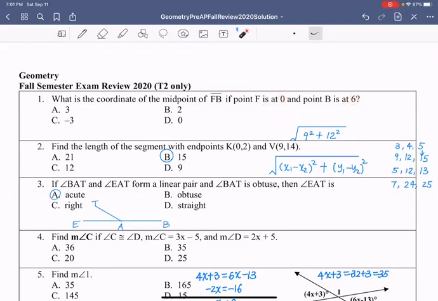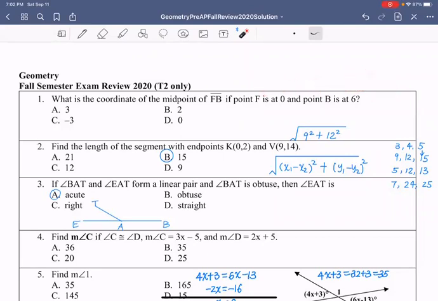So point F would be X1. This is your X1, this is your X2. The midpoint formula is this.